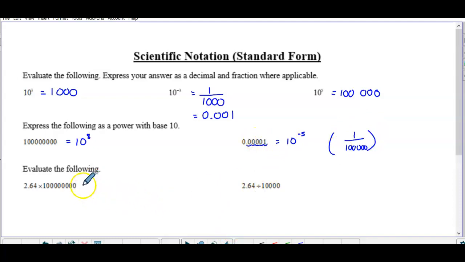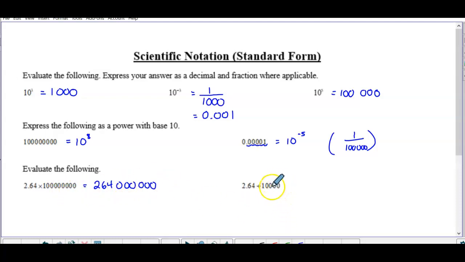So to evaluate, when we're dealing with numbers like this, remember this has 8 zeros, so we move the decimal 8 to the right. So 2.64 would be moving it 2 times, and then we have 6 more times to the right and fill in with zeros. Where originally the decimal was after the 2, now that should be 8 place values according to the zeros.